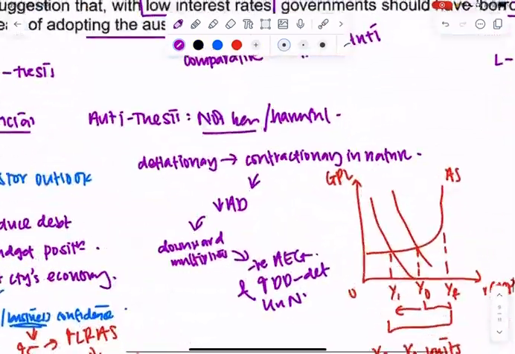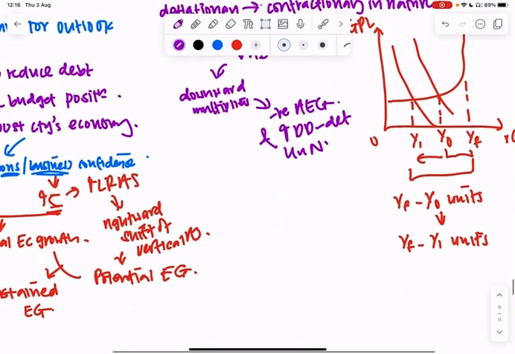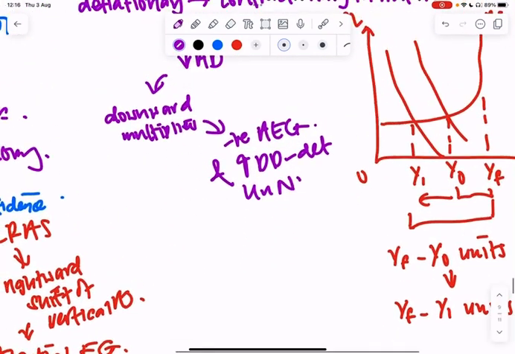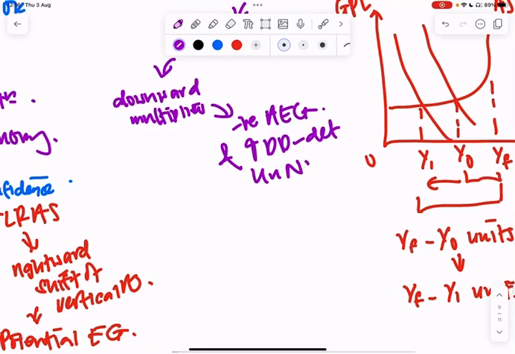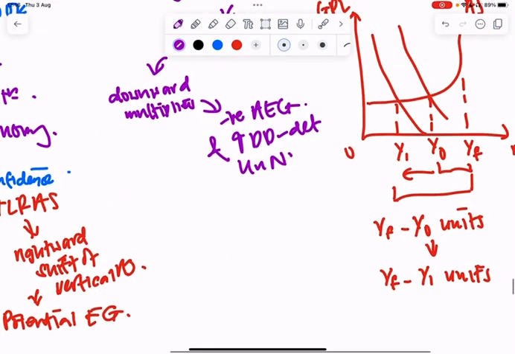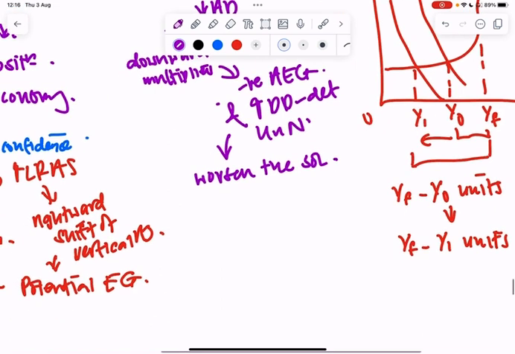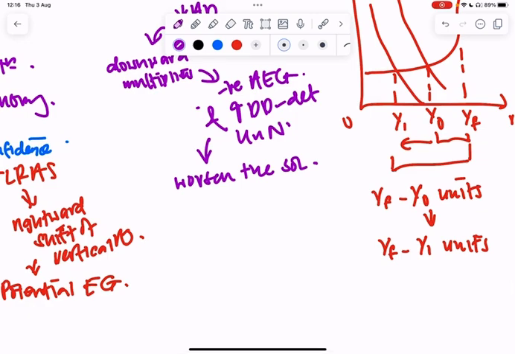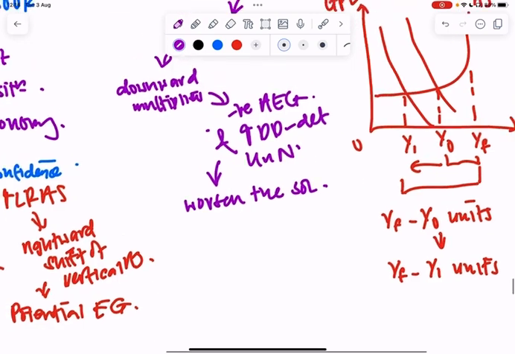So beyond just the fact that it's deflationary, we can also discuss the fact that if we perform such deflationary measures, when there's a fall, negative actual growth, real GDP falls, this could also worsen the standard of living for the people, maybe in terms of material or non-material SOL.